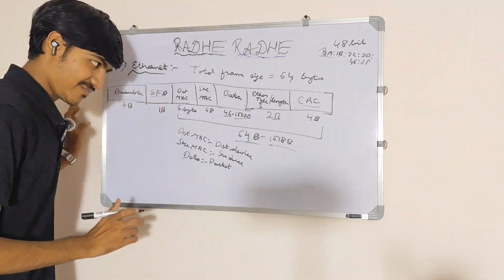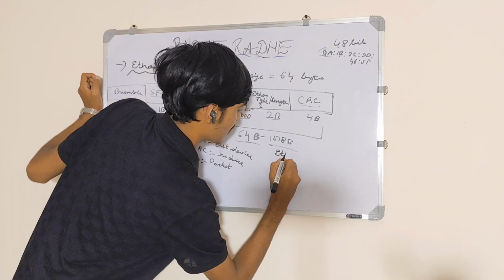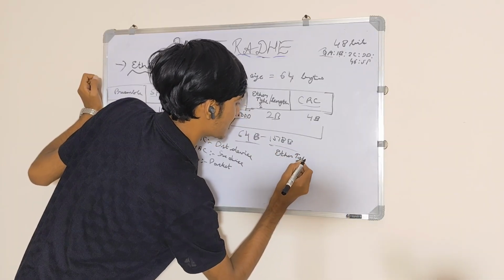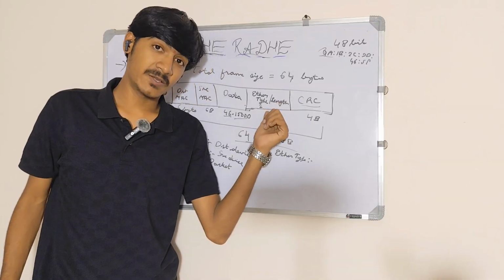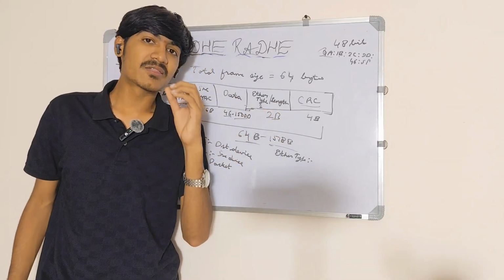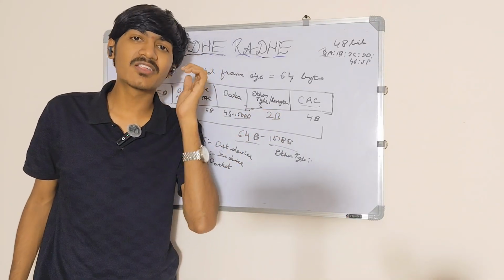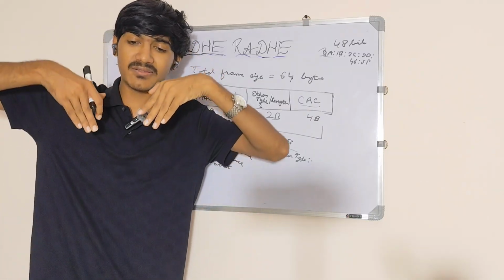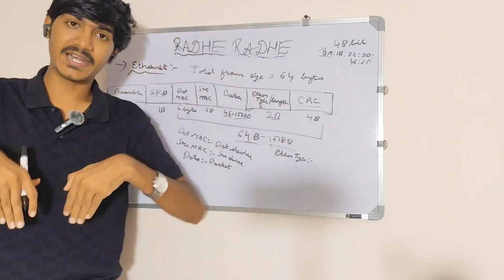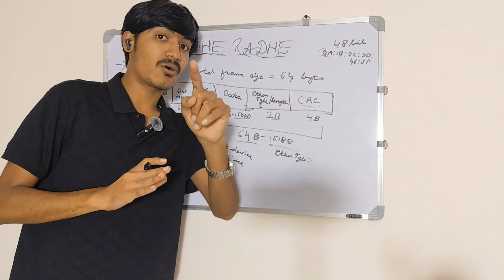EtherType. Very interesting. What is EtherType? This is 2 bytes. The EtherType field in Ethernet is used to specify what type of protocol my device is using.